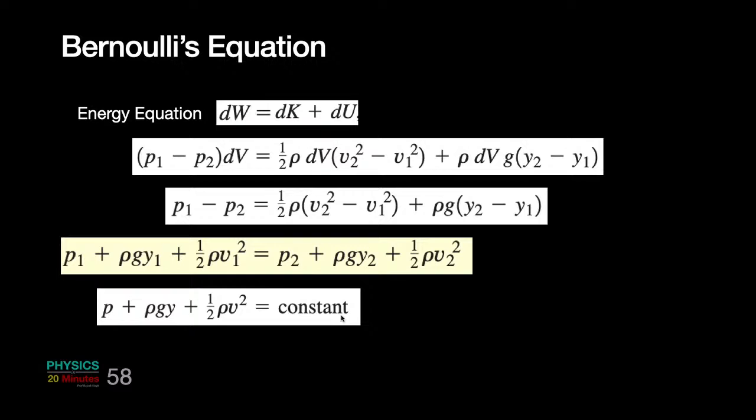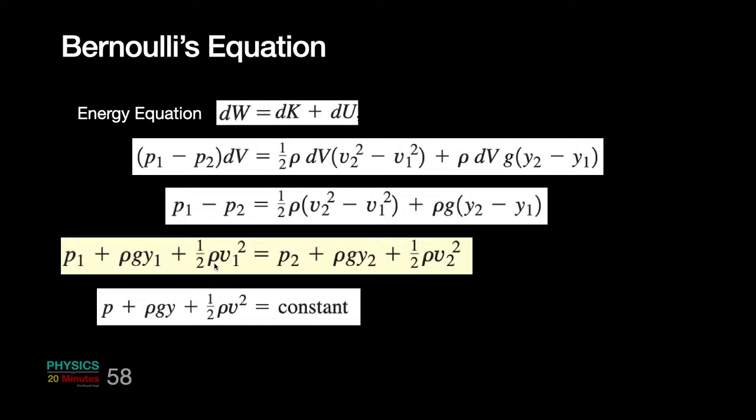Let us say that a flow is happening at the same horizontal level. Then rho g y1 and rho g y2 will cancel out because the horizontal level is the same, y1 is equal to y2.